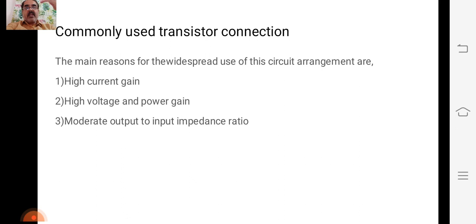That means there are a number of transistor stages. However, in other connections, the ratio of output impedance to input impedance is very large, and hence coupling becomes ineffective or inefficient due to gross mismatching.